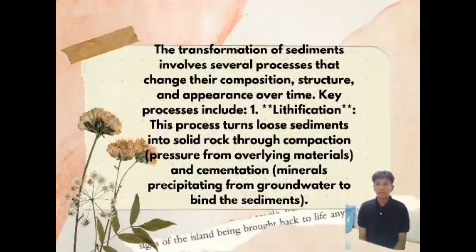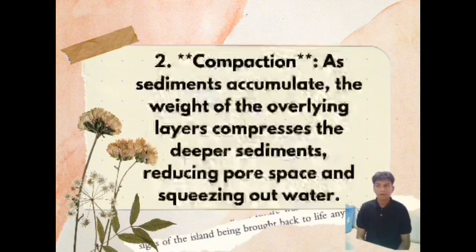The transformation of sediments involves several processes that change their composition, structure, and appearance over time. Key processes include lithification. This process turns loose sediments into solid rock through compaction, pressure from overlying materials, and cementation, with minerals precipitating from groundwater to bind the sediments.